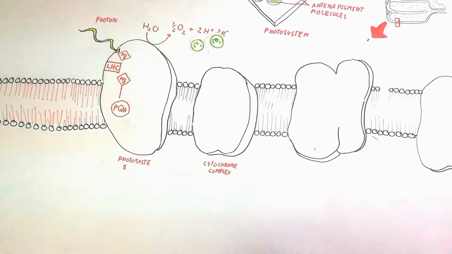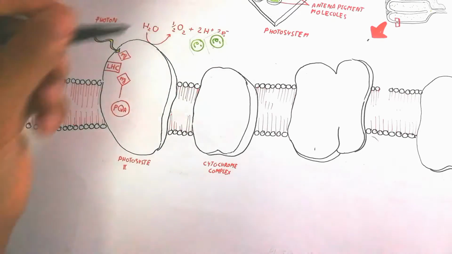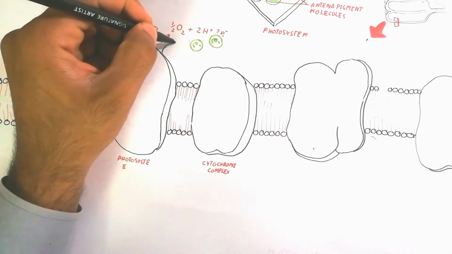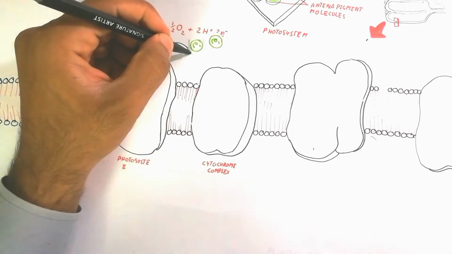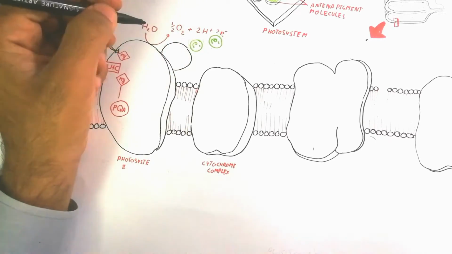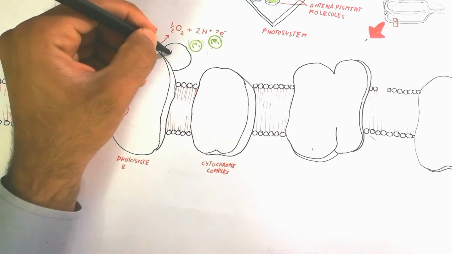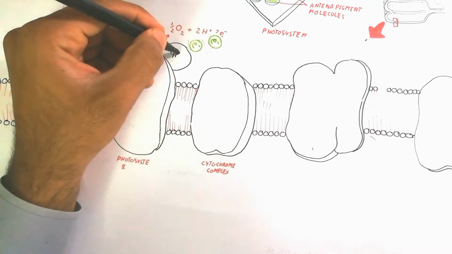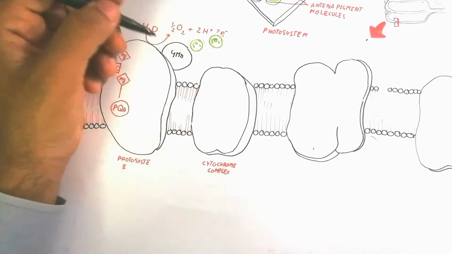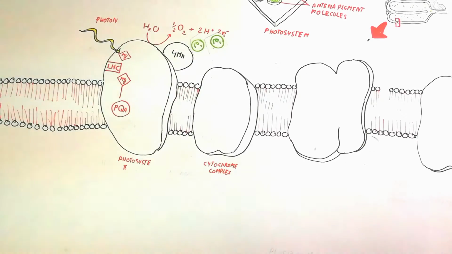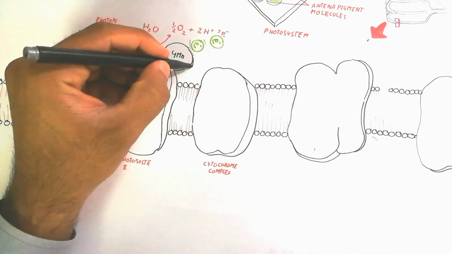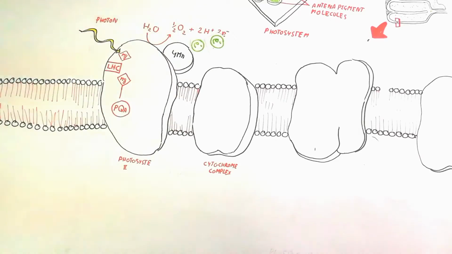The 2 electrons produced will go into 4Mn, the first acceptor. You should remember this is a protein part which contains a central unit of 4Mn, that accepts the 2 electrons.